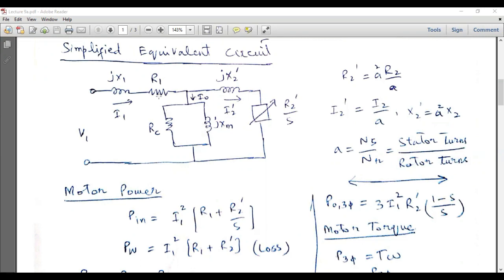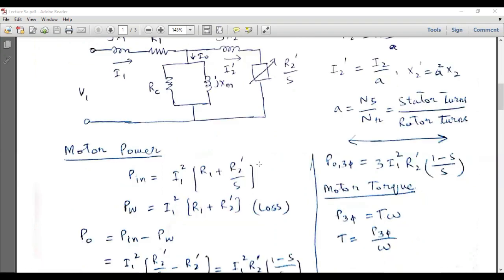Only the power which is dissipated across the resistive components is drawn by the motor. Now, this resistance RC is actually very high, and the current across this shunt branch will be minimum. So we can safely ignore these components, and only the stator resistance and the rotor resistance will take part in deciding the power dissipated across this induction motor.